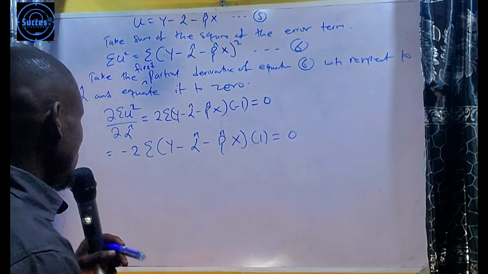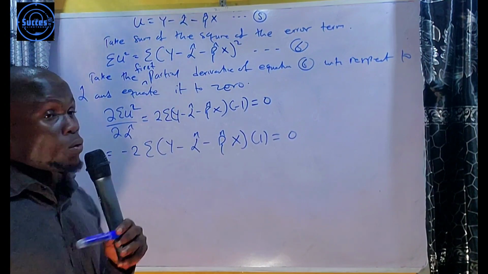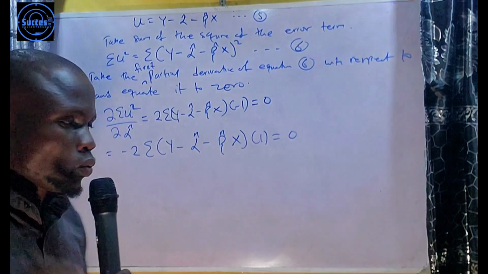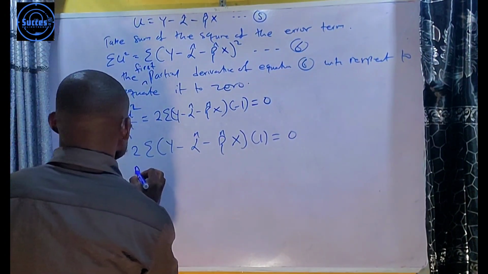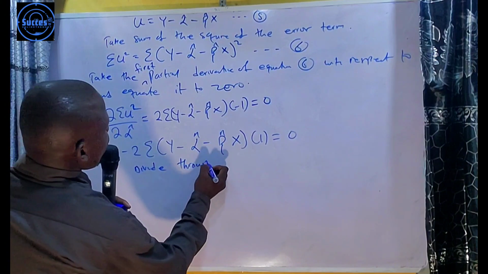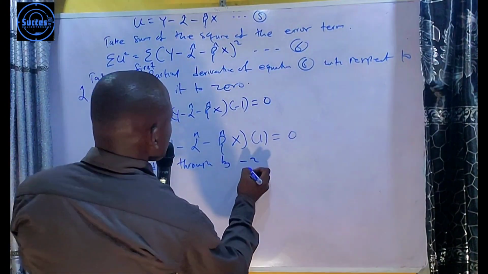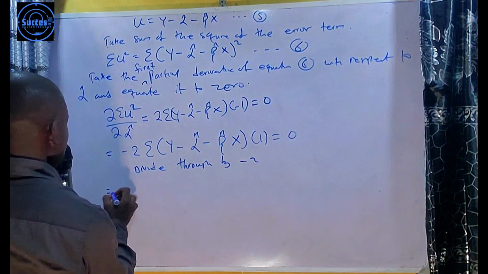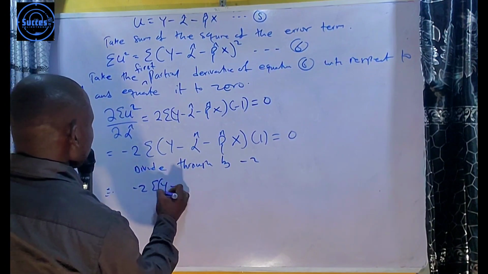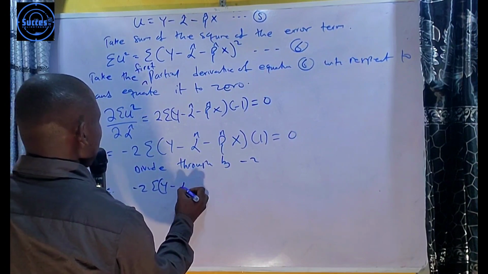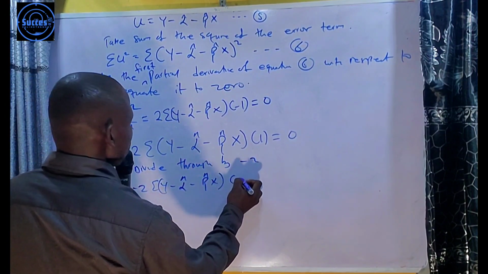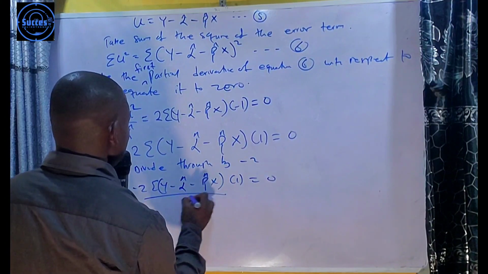All right. The next thing we can do is take this minus 2 out by dividing all through by minus 2. So we divide through by minus 2.